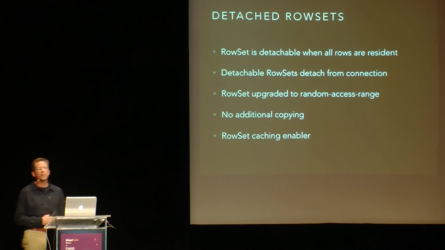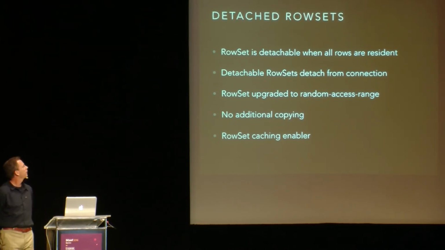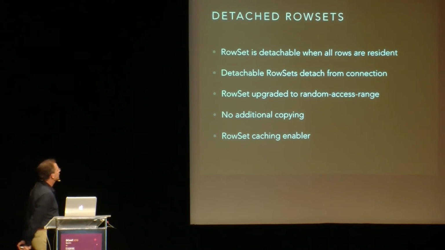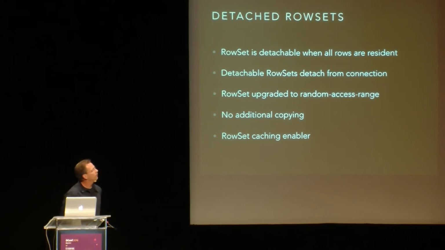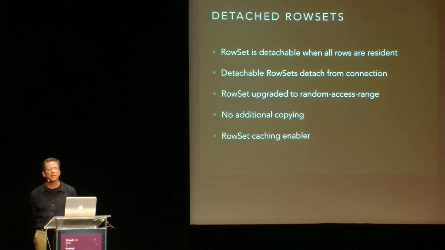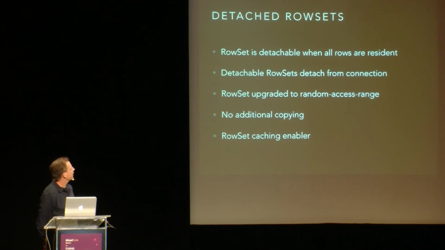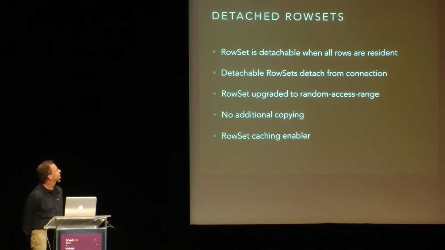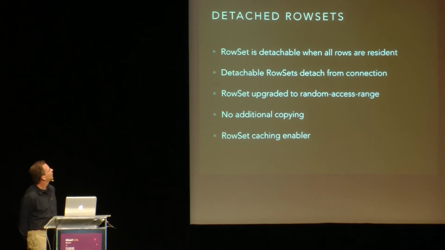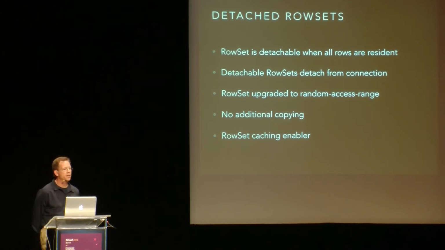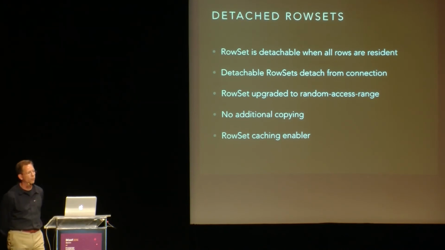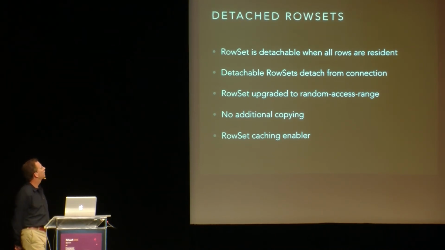Another thing about row sets that we can do is we can detach them under certain conditions. This is something that you don't get by default, but you could easily configure, because you just know you want to always get all the rows for one particular query or all the queries.